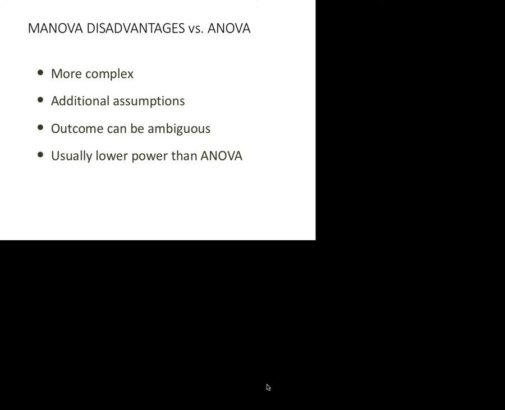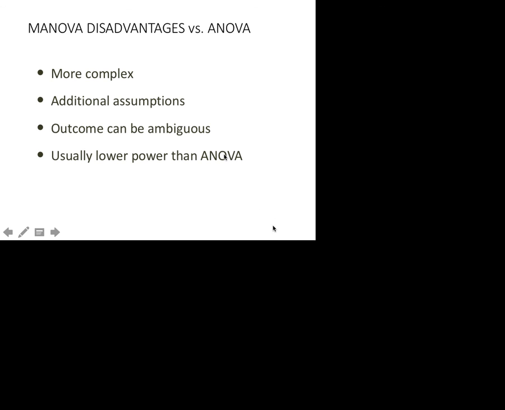It isn't particularly complex. We'll look through the output and determine what you can just cross out, what you don't have to consider as you're looking at your analysis. But having said that, there is a level of complexity added just because we're doing this multivariate test, and I don't want to diminish that.